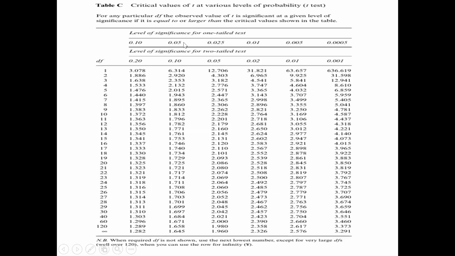We use level of significance 0.05. That is the default we use in class. Then you marry it with the degree of freedom 9. And this is what you get. Marry this with 9 here. You get 1.833.